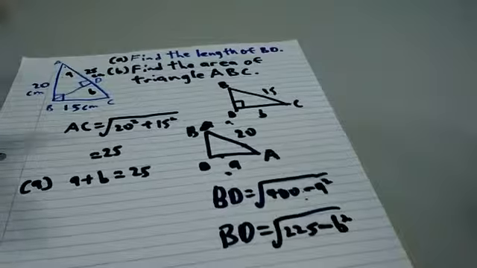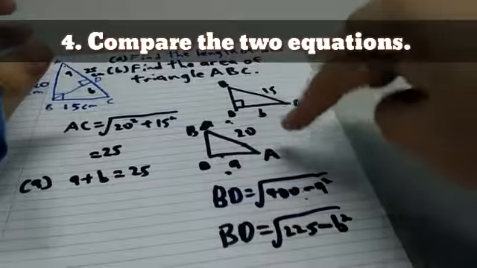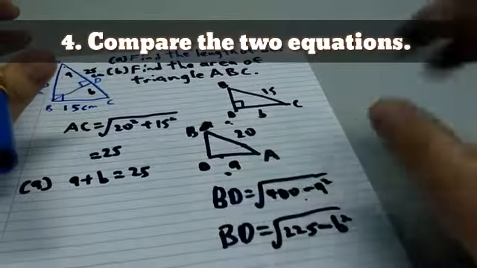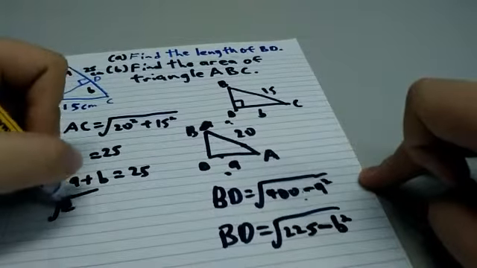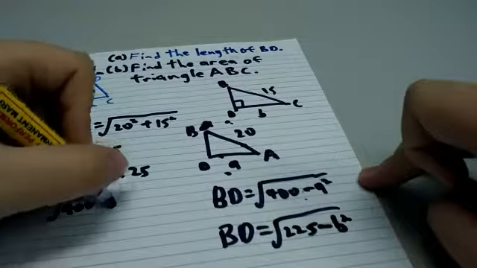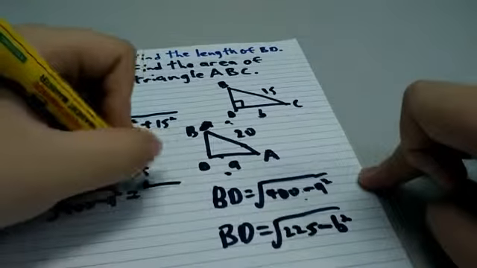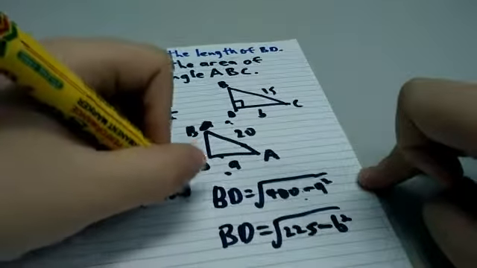Now we can observe that these two lines are the same. So I can conclude that the square root of 400 minus A square is equal to the square root of 225 minus B square.